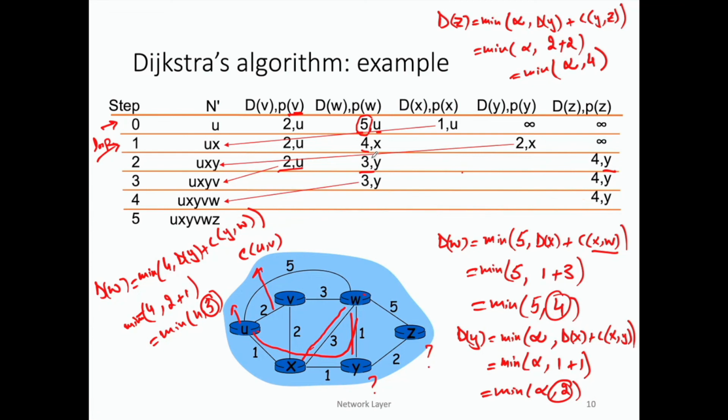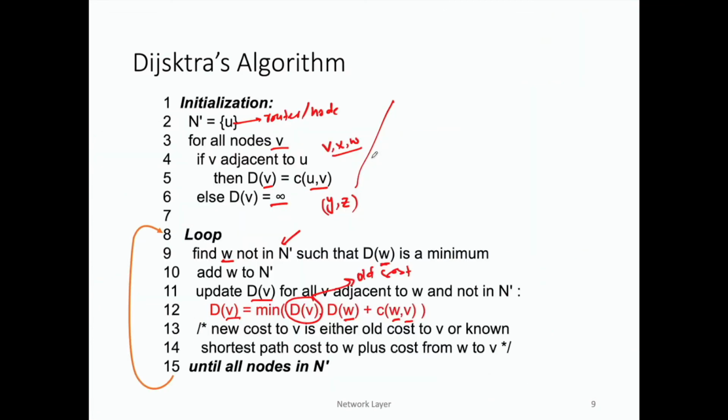So again, let's look at the algorithm here. We have this initialization step where, in N, initially we have router u, because at this router node we have started the algorithm. For all the other nodes, if the other nodes are adjacent to u, the cost is known, which is true in the case of nodes v, x, and w as per our example, because v, x, and w are the adjacent nodes, or the neighbors, of u, right?